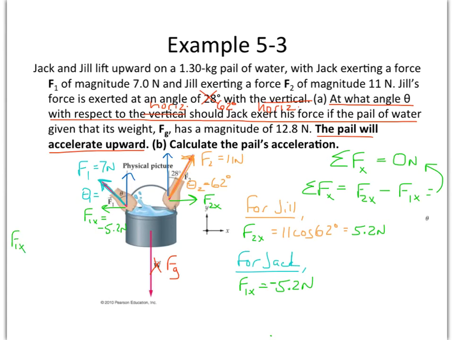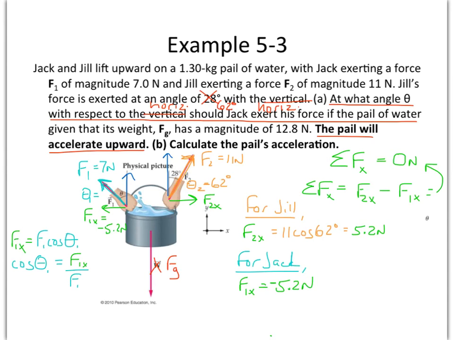Force 1 in the x direction equals the full force 1, the full magnitude, force 1 times the cosine of theta. All right, so that means a cosine of theta, or I should say theta 1, right? That's Jack's force. Cosine of theta 1 is going to be then Jack's x component, force 1 in the x direction, all divided by what? Well, the full magnitude of his force, because we divided that force 1 down, okay?